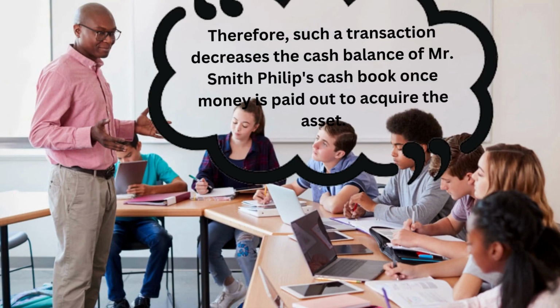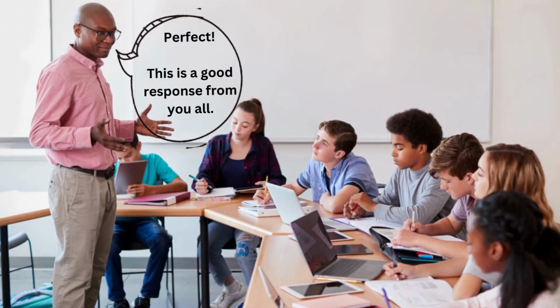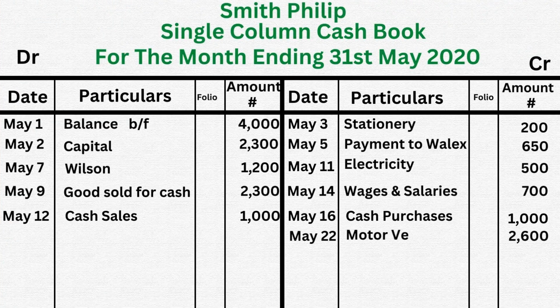Therefore, such a transaction decreases the cash balance of Mr. Smith Phillips' cash book once money is paid out to acquire the asset. The transaction is then recorded on the credit side of the cash book, meaning payments made out by Mr. Smith Philip. Perfect. This is a good response from you all. I will record it on the credit side of the cash book.